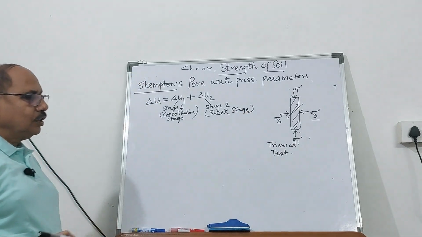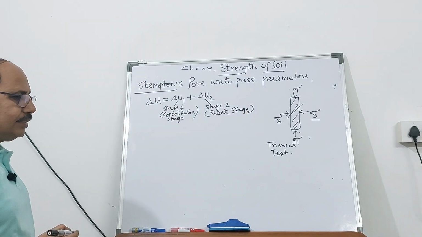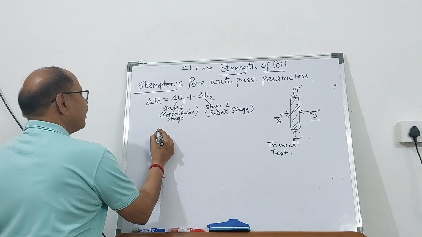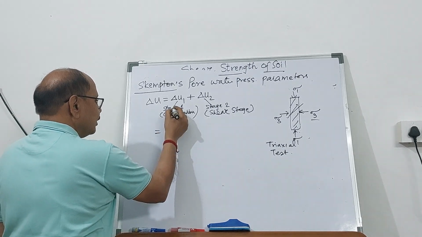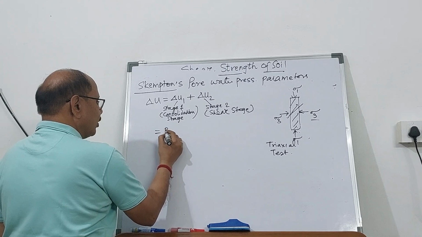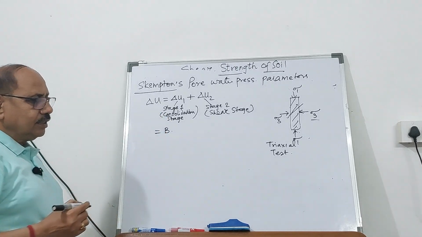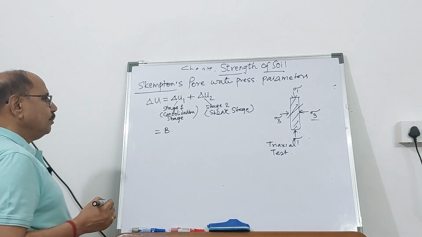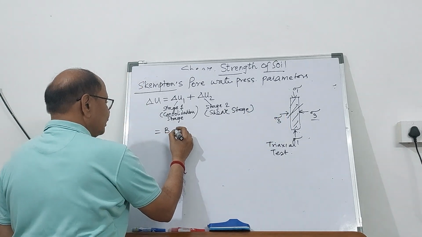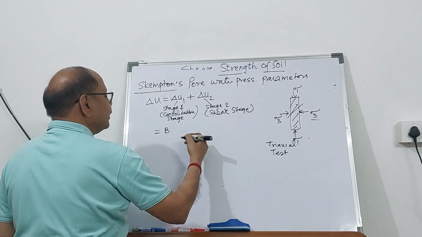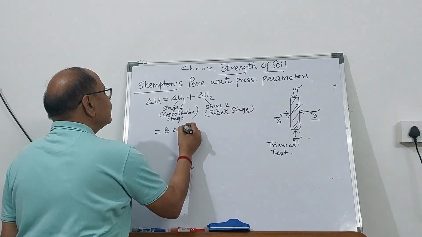So delta U1 and delta U2. And Skempton gave the pore water pressure parameter for stage 1. He gave a pore water pressure parameter which he called B, and that is due to confining pressure. So what is the increase in confining pressure?